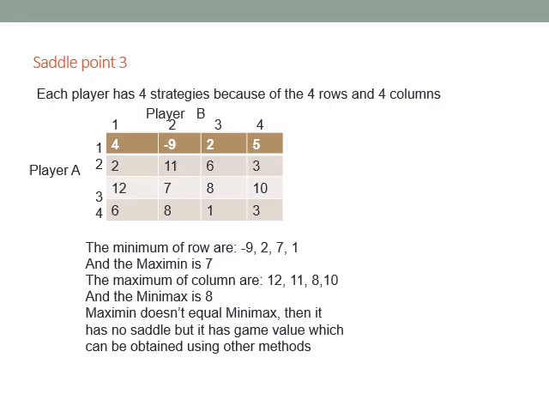Remember, the condition of the saddle point is maximin must equal minimax. So maximin does not equal minimax, then it has no saddle point, but it has a game value, which can be obtained using other methods.